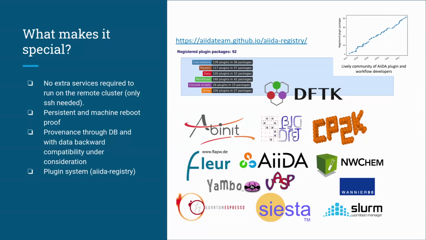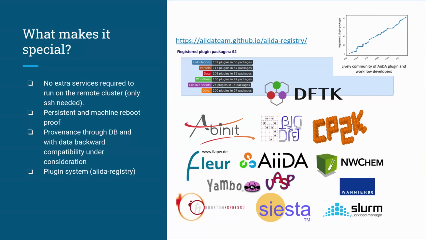So if you have another new scheduler, we provide an interface that you can plug into AiiDA, using AiiDA as a workflow engine to manage the submitted jobs and store the data in the database.